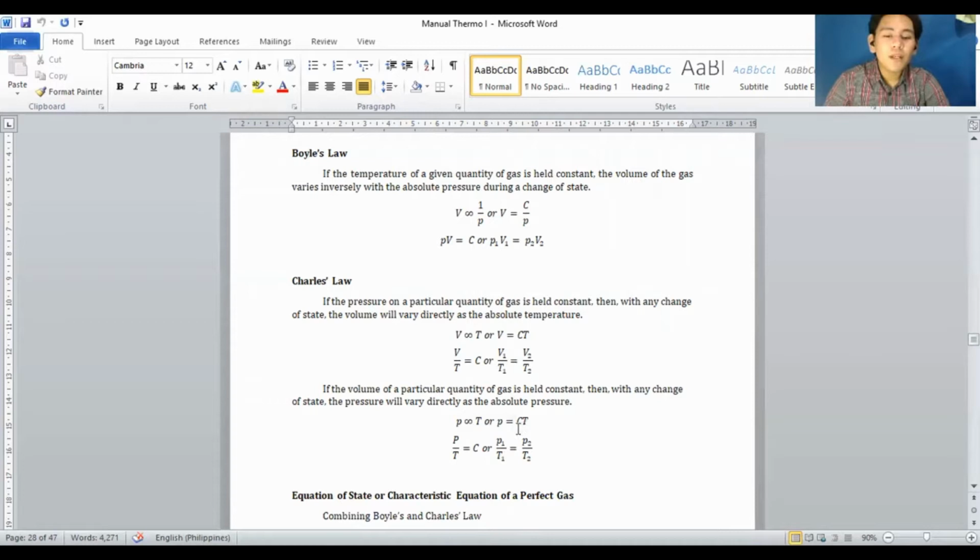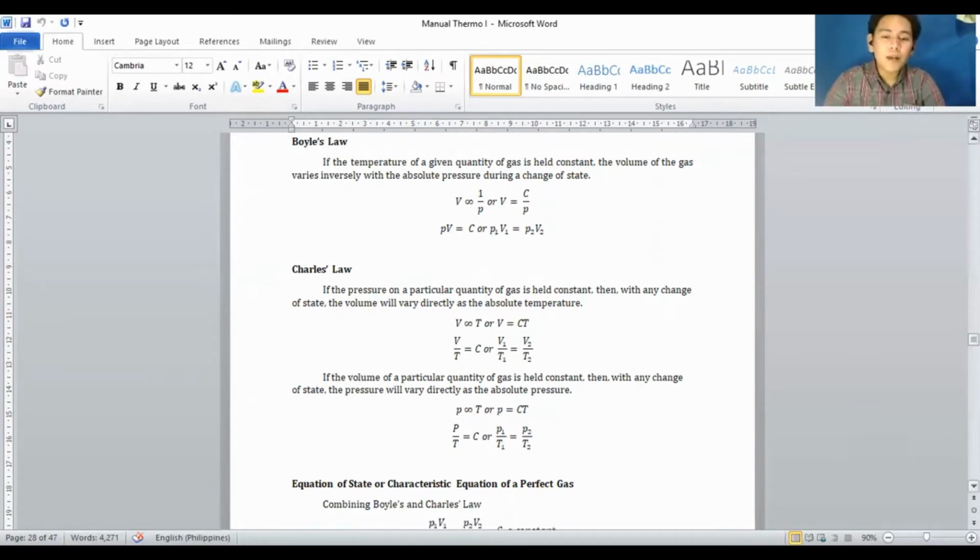Meaning, your temperature is directly proportional to your pressure. So here, when the pressure is constant, your volume is directly proportional to your temperature. Whereas here, if your volume is constant, your pressure is directly proportional to your temperature.